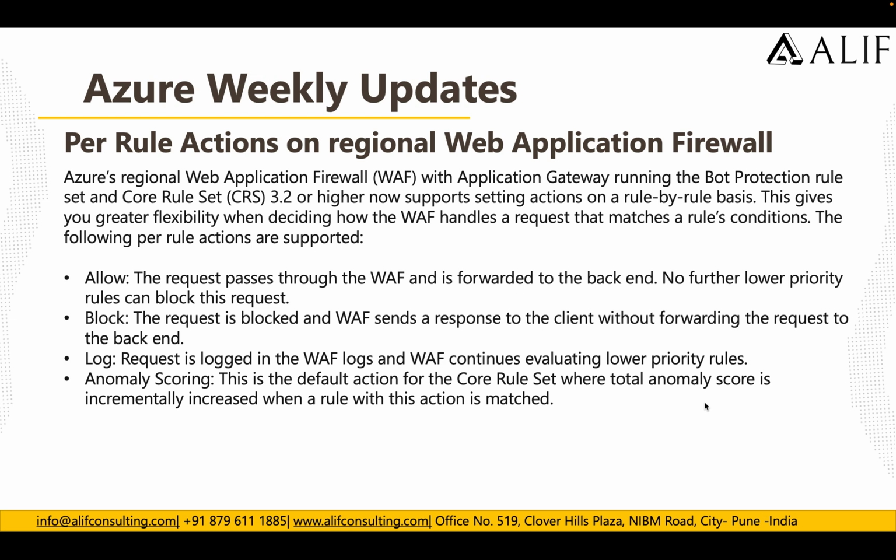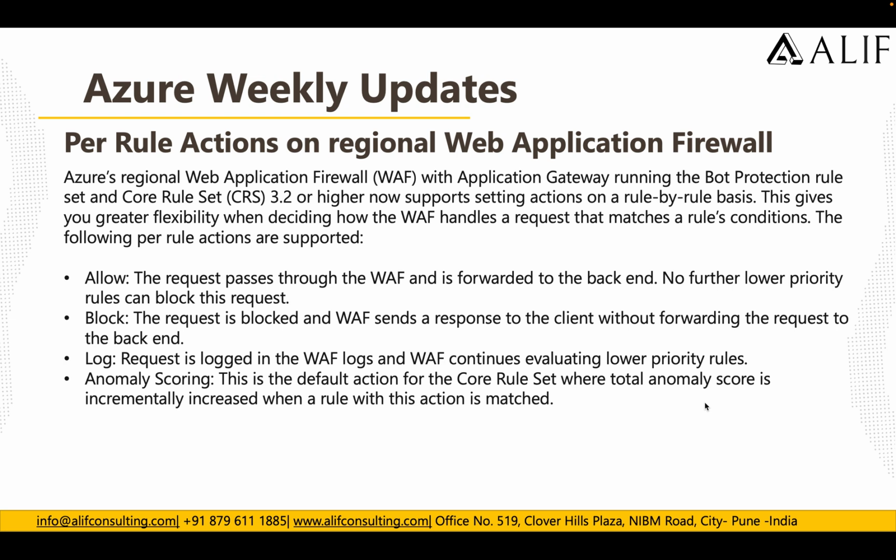Like earlier, you would define: if this request is coming from this public IP, or if this is the header, and so on, defining your multiple rules into one rule set, and then you only had the capability of having the action on top of that, right?